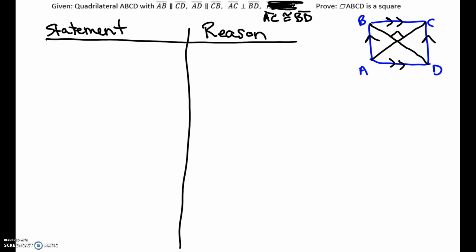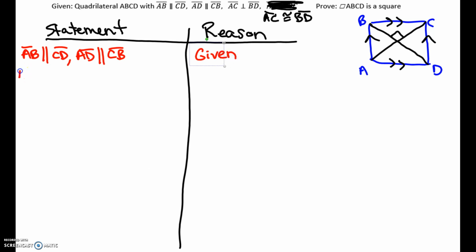So let's start off by proving this thing's a parallelogram. That always comes first. So let's write out the first piece of the given. AB is parallel to CD, and AD is parallel to CB because it's given.